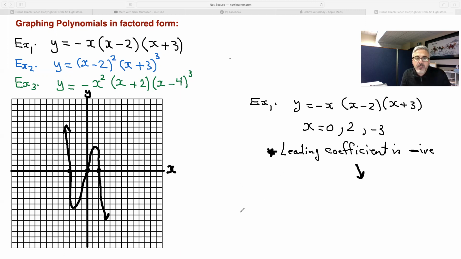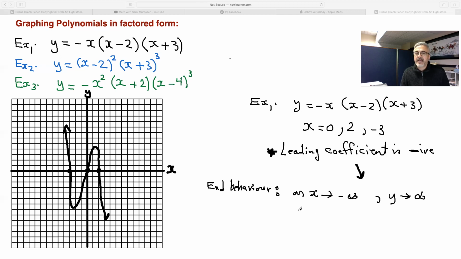If they ask you about end behavior from graphing this: as x goes to negative infinity, meaning as the graph moves more to the left, what's happening to the y? It keeps on going up, so y is going to positive infinity.